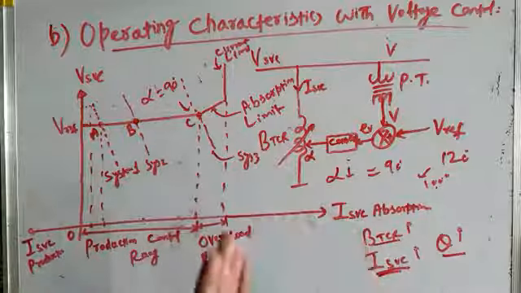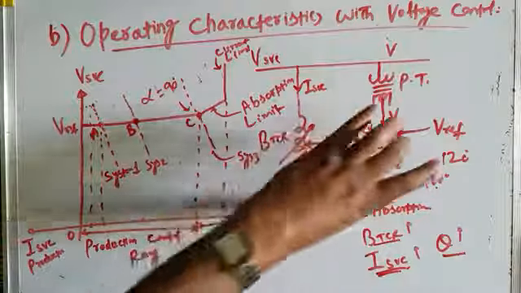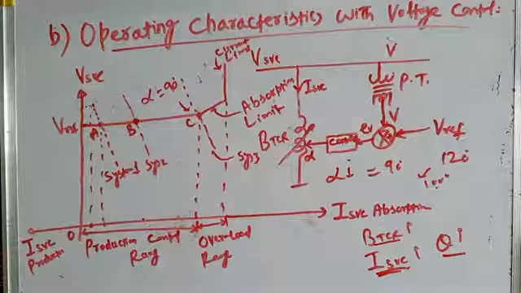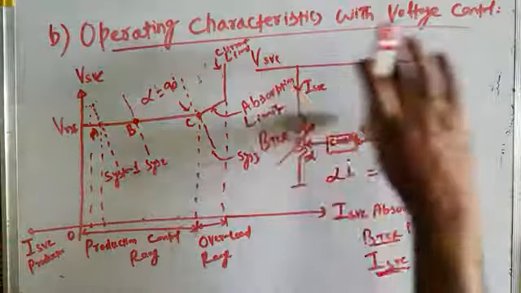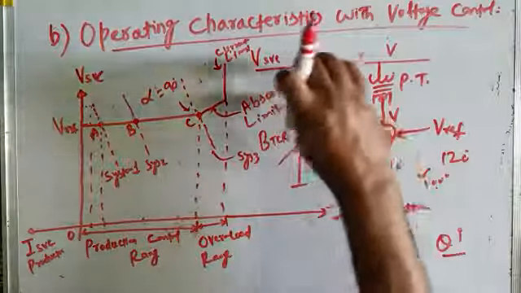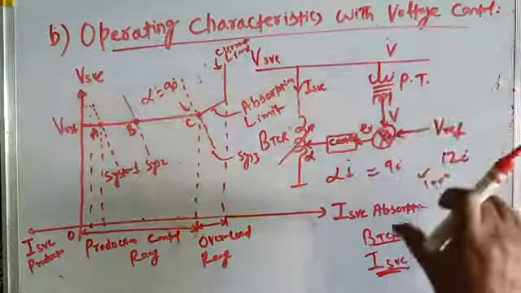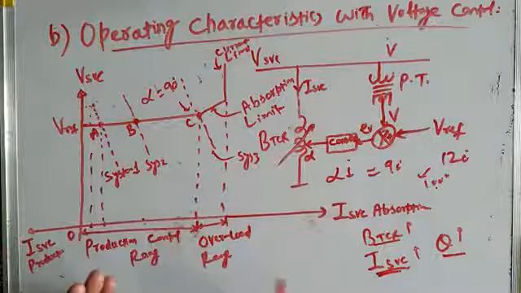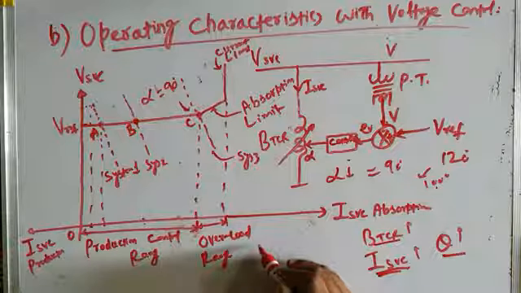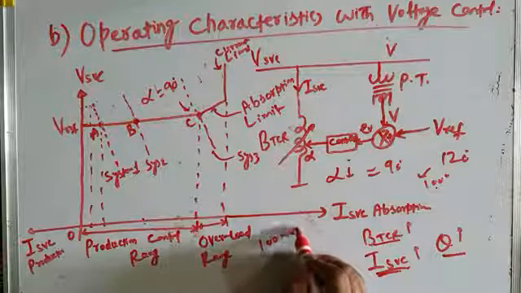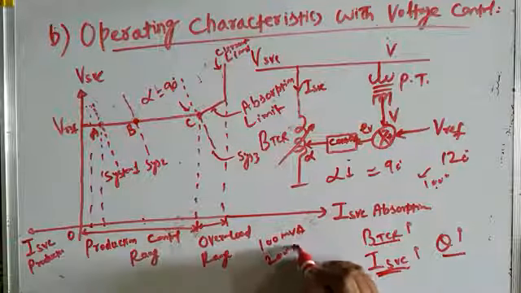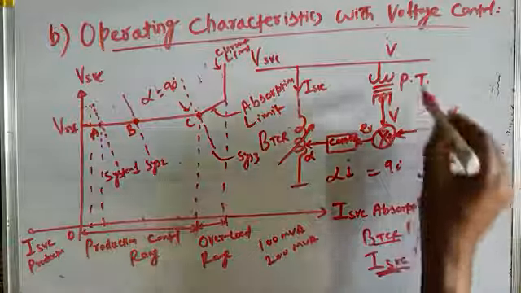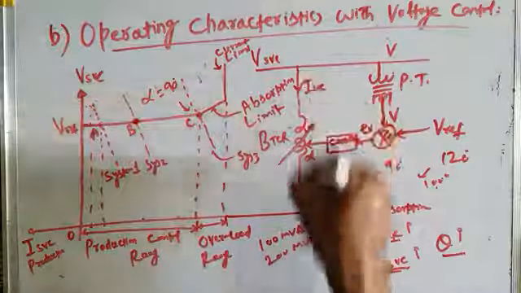However, whenever you design your system, for example your TCR, first of all you have to do the load survey. You have to study how much will be the maximum leading VARs on your system, and accordingly you design the rating of your TCR. Your TCR may be 100 MVA, 200 MVA, or 300 MVA, depending upon the maximum reactive power it has to absorb.